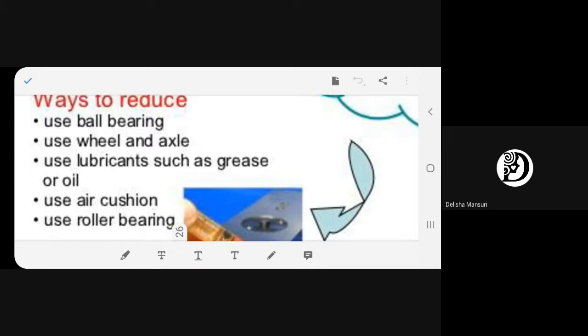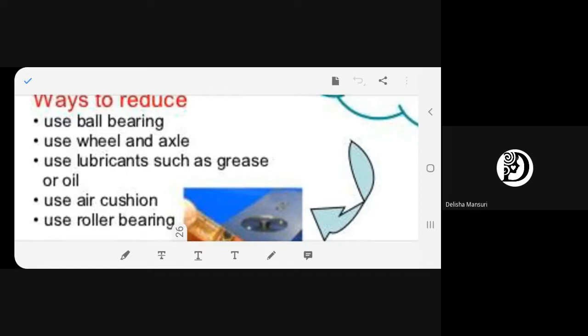Even during winter or monsoon, the hinges of the door start creaking. Whenever you open the door, it makes a very irritating sound. To stop it, what should we do? We should apply grease or oil onto the hinges.